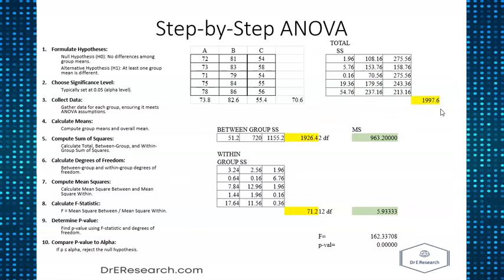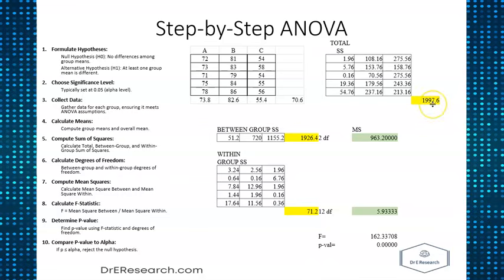That is basically a measure of the total amount of variability in the data set. It probably sounds familiar if you've ever calculated a variance by hand, really similar, except we're not dividing by the number of observations or the number of observations minus 1 when we're done. We're just taking that total, that 1997.6.